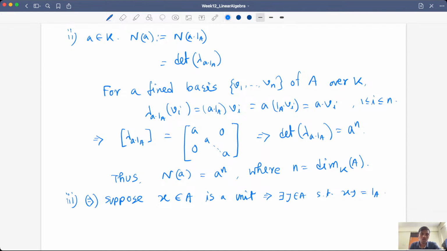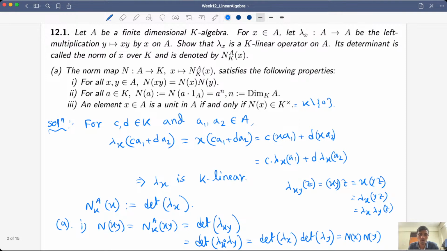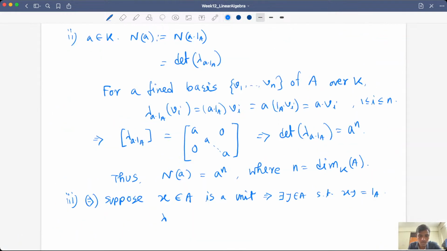Now just from the multiplicativeness of this norm, lambda of xy equals lambda of 1A, and lambda 1A is nothing but just the identity map of A, right? This is lambda xy, which is lambda x composed with lambda y.